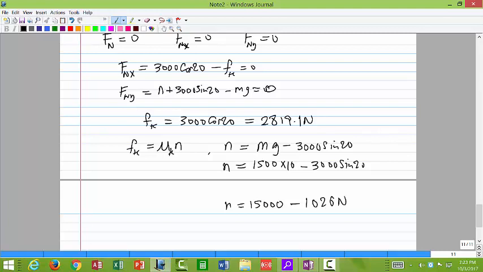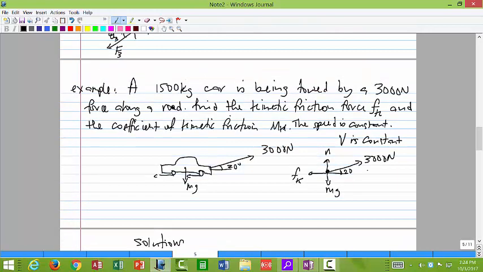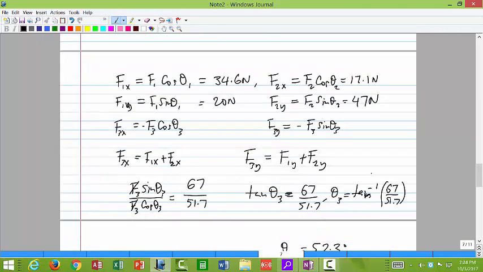Thank you. So when you subtract 15,000 minus 1026, what is that? The mass was 500 kilograms or? Oh, did I say 5,000 or 15? What did I say? 15. 1500 kilograms.